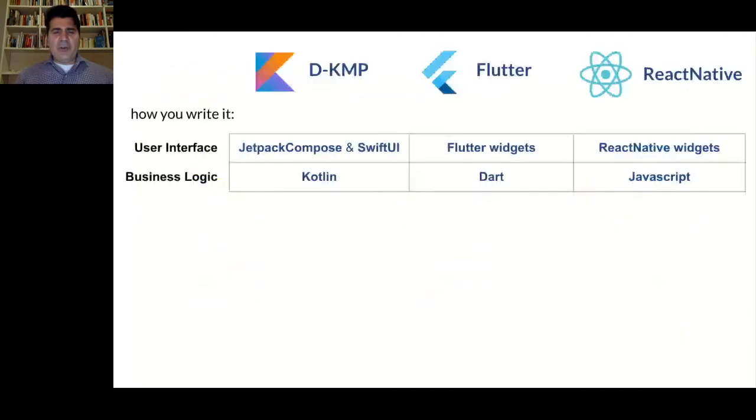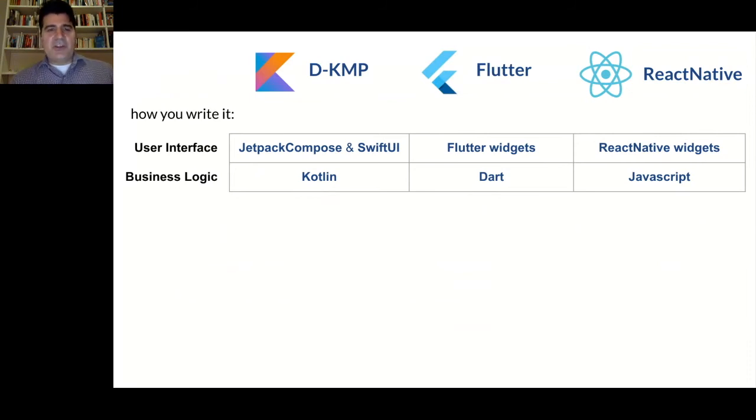And if we compare our architecture, KMP with declarative UIs, to Flutter and React Native: as we mentioned, in KMP we use Jetpack Compose and SwiftUI for the user interface. In Flutter and React Native, they have their own widgets to develop the UI layout.